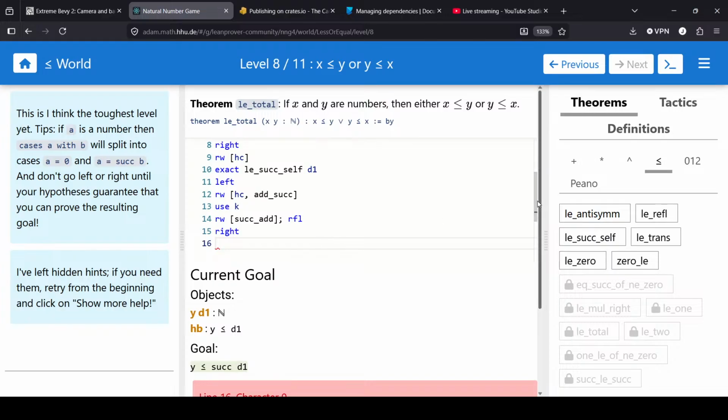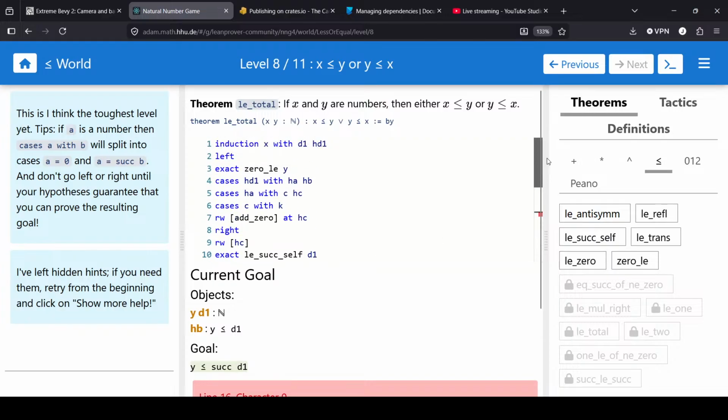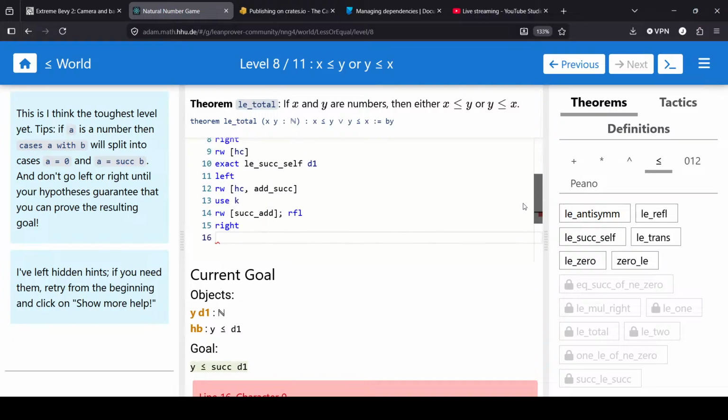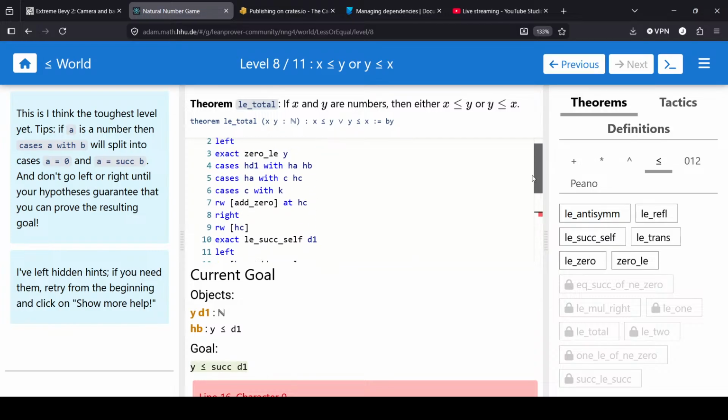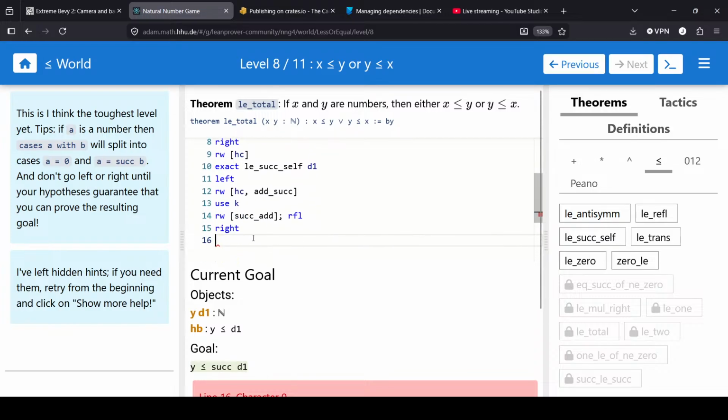Okay, well... I could use cases again. It just feels like this should be really doable.